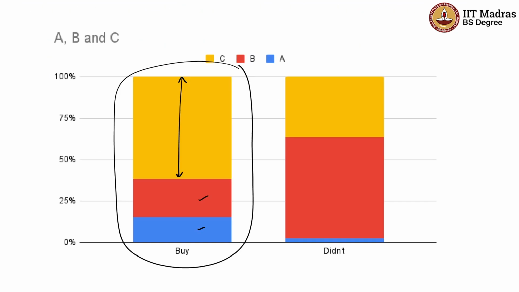Of course we can see that maybe 10 or 15% of the people bought from website A, and like 25 or 30% of the people bought from B, but most of the people visited website C to buy an item.